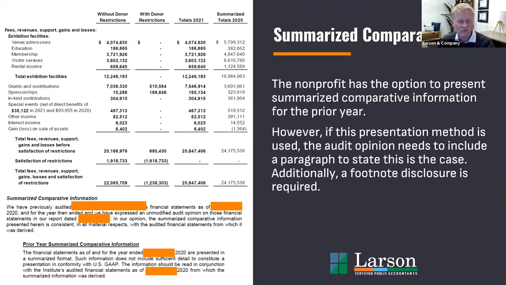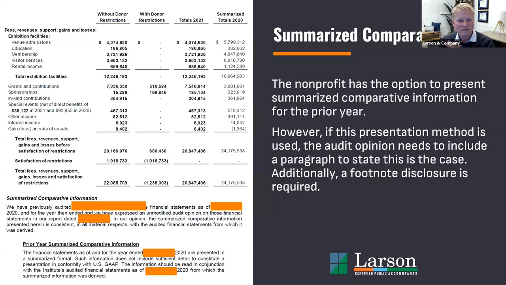You do have to include in the audit opinion a paragraph that states that you have summarized comparative information, and you also need to include a footnote in the financial statement footnotes that explains that as well.